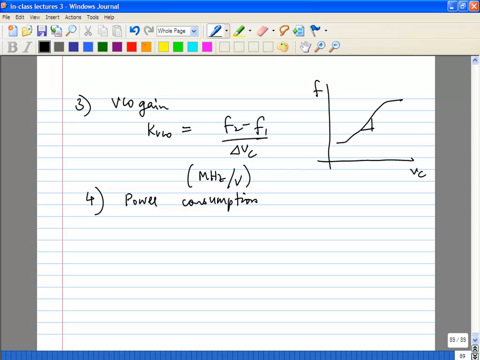Obviously, power consumption. I don't have to tell you about that. What else? So you need to quantify the supply rejection. In the case of the VCO, that's called supply pushing. So what happens is, let's say the VCO has a certain power supply and that power supply has some disturbance on it.